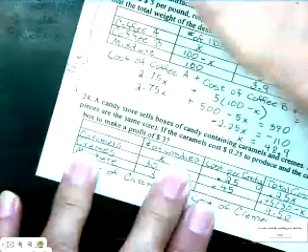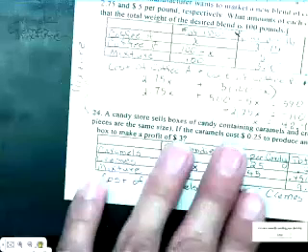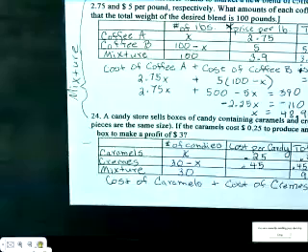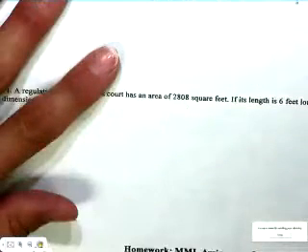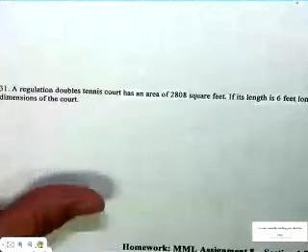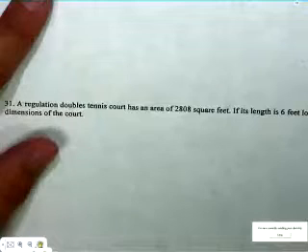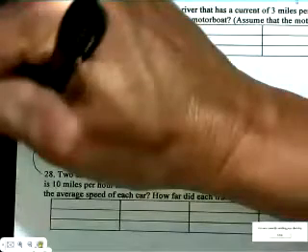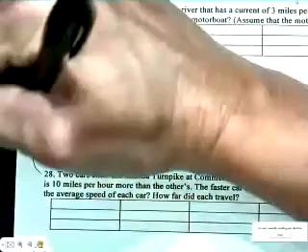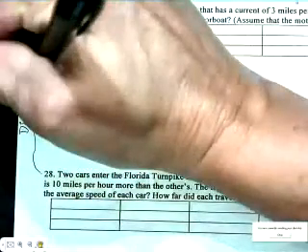One we're mixing coffees, one we're mixing candies. Be the same for mixing different types of nuts. Oh, fabulous. The best kind of all, 26 and 28, are distance problems.